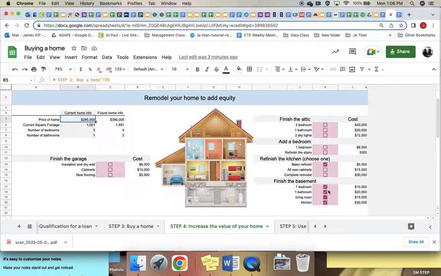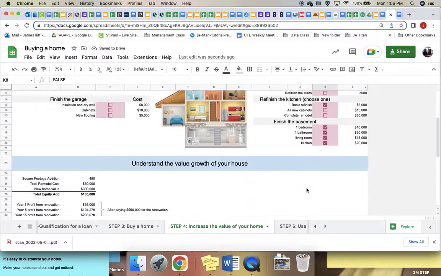But if you start doing some of these renovations, you're going to see that your house price goes up because you're adding value to your house. Some of these add a lot of value and other ones don't. Watch this. Adding skylights is going to cost you $12,000, but it's not going to add that much in terms of your home value. And so students get to come over here and play with these and figure out what's going to add the most value.